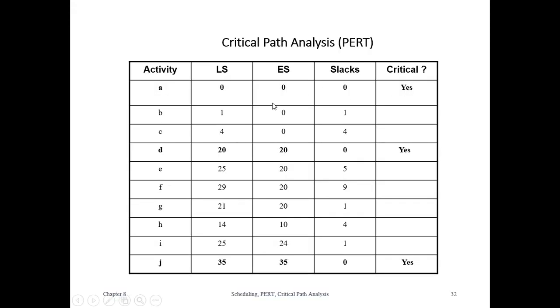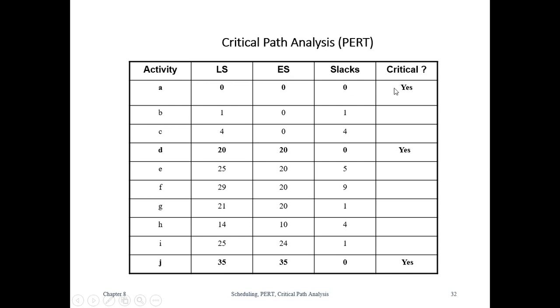Based on that, we are going to look at the different activities and the latest start and earliest start. We can see that activity A starts from 0, 0, which means the slack or float between these two is 0. So ES minus LS gives a slack of 0.